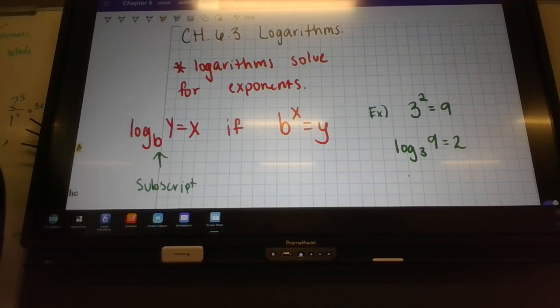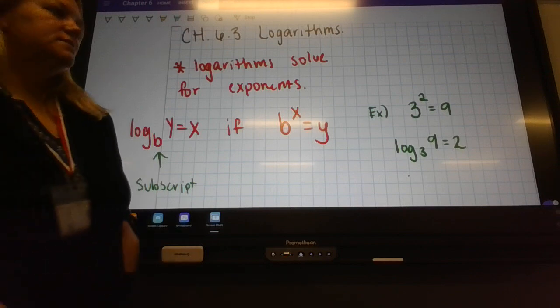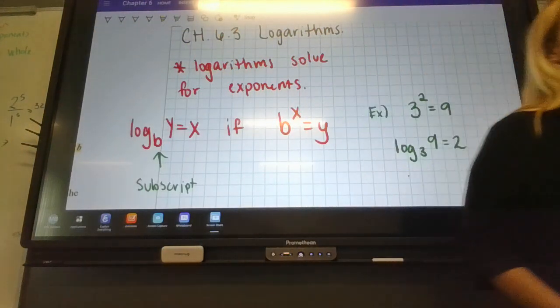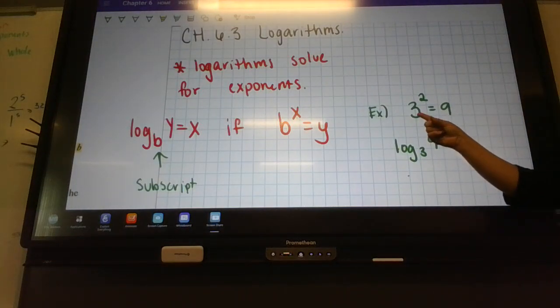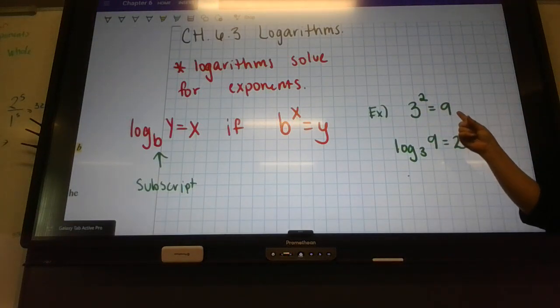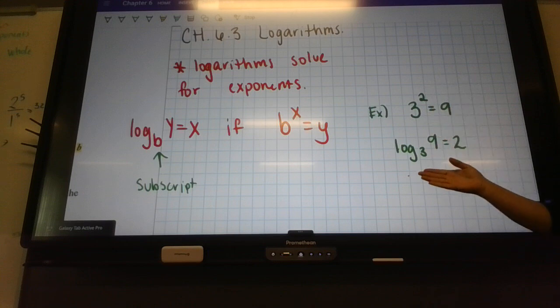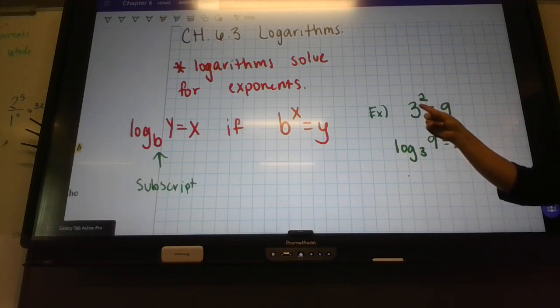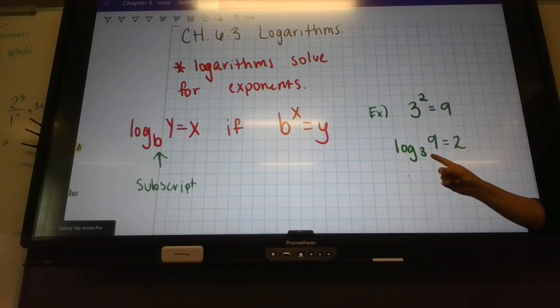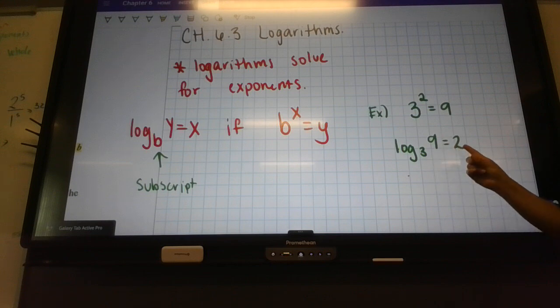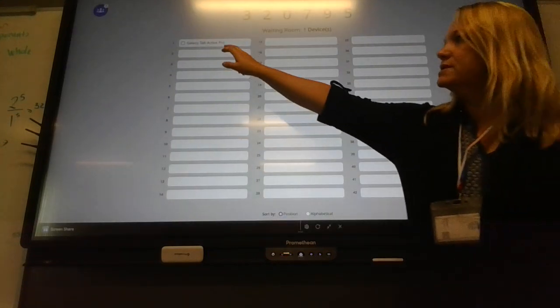I think it's best to look at the numbers that you know. We know 3 squared is 9. So another way to write that, since logarithms solve for exponents, is to say log base 3 of 9 is 2. See how the 2 is an exponent?